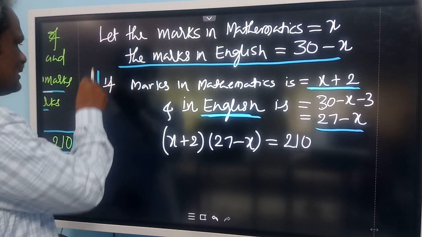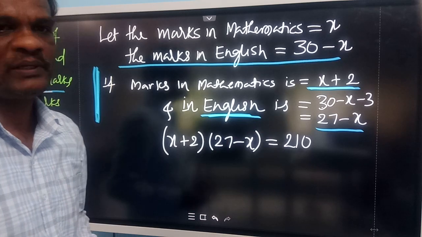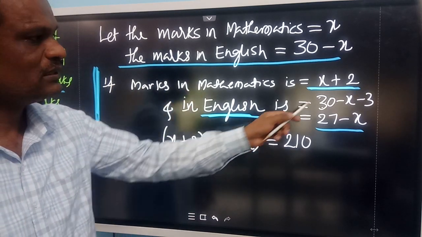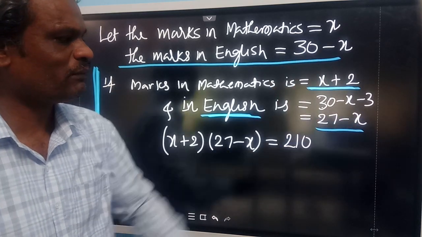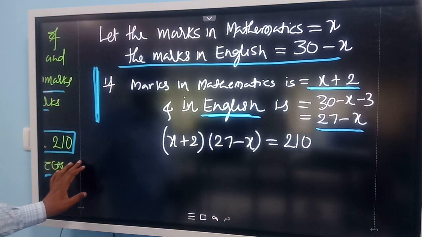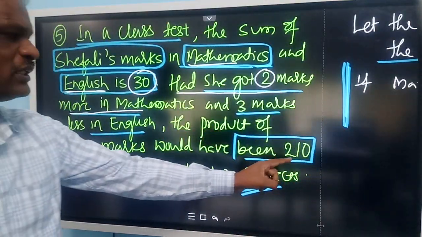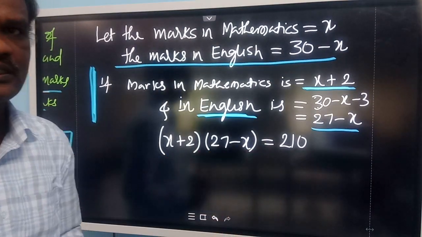If she had taken 3 marks less in English, 30 minus x is the marks, and reducing 3 marks, it will become 27 minus x. And then they have given the product of the marks would have been 210. So therefore multiply. To get the product, you multiply, then 210.